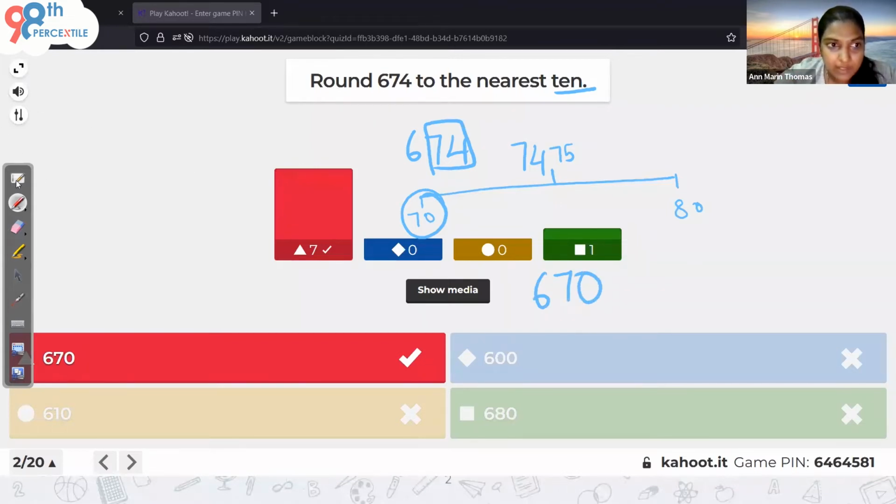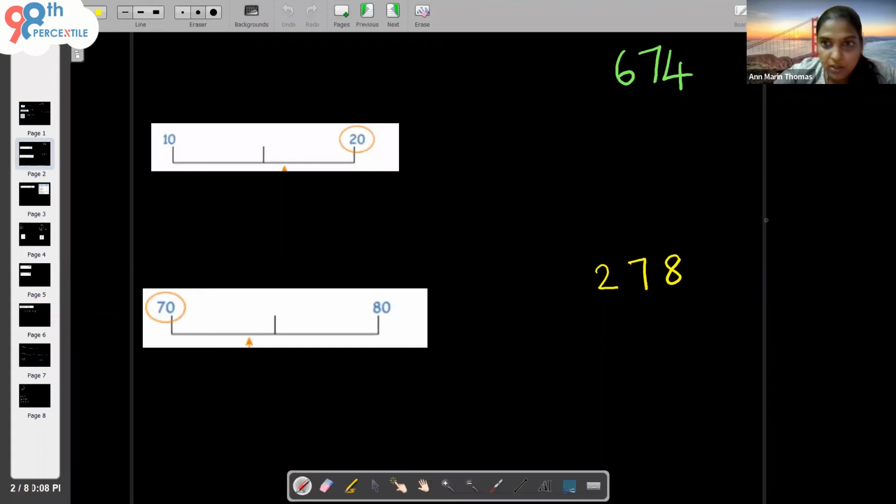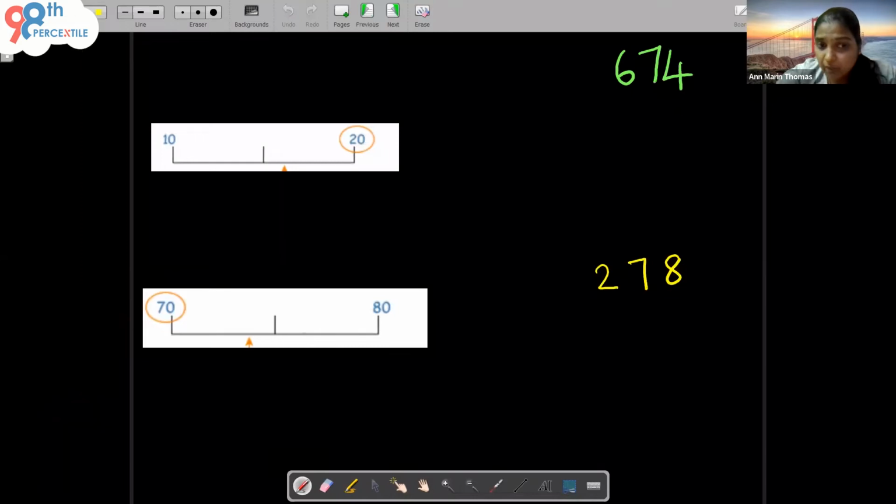Okay, one more quick recap of some more things. Let's go to the next page. If I had the number 278 students, how will you do that? My number 78 here falls between 75 and 80.